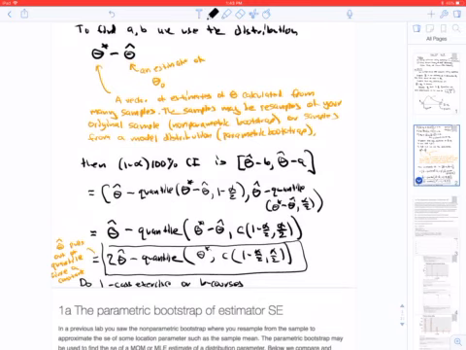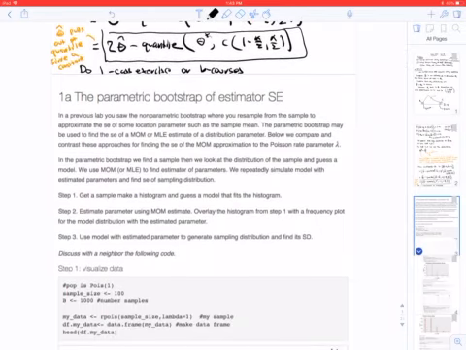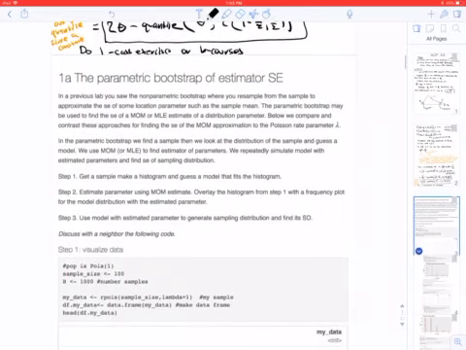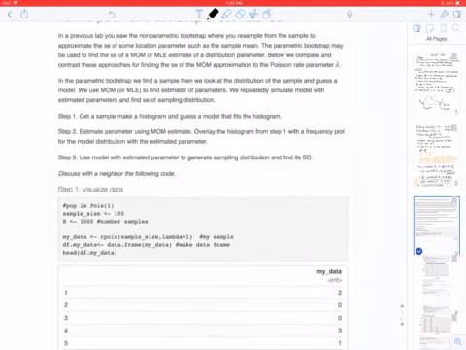I don't think I'm going to say anything particular here, but let's just quickly look at the R code that's on bCourses here. When we do a parametric bootstrap, we're going to start by getting a sample from our population, making a histogram and guessing a model that fits that histogram.